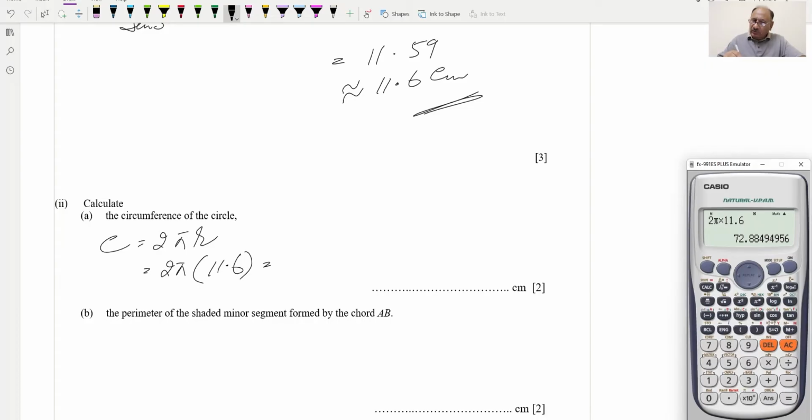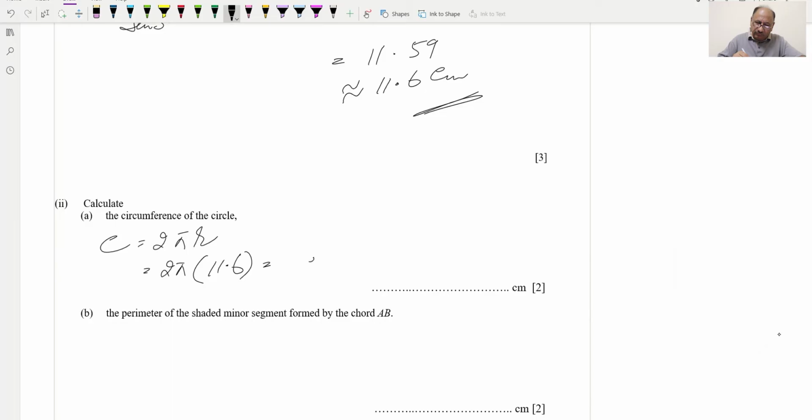Or if we are taking the exact value 11.59 into 2 pi, this will be equal to 72.82, and we can round it to 72.8.